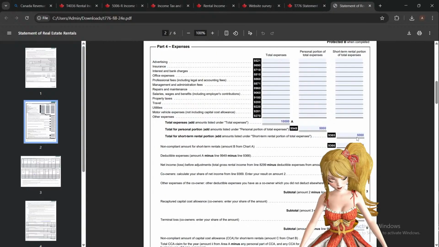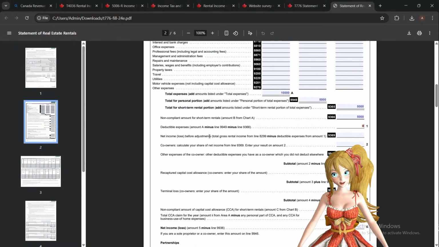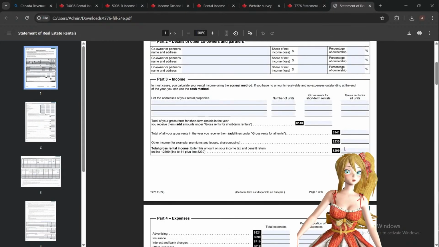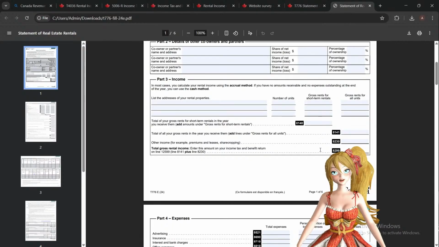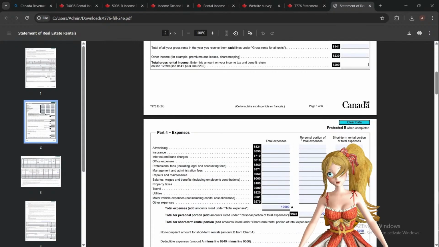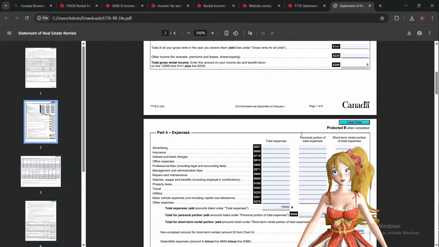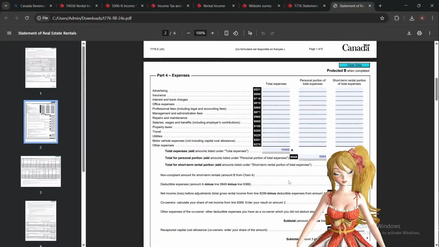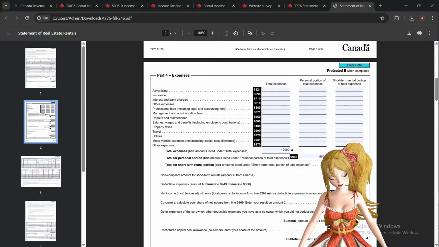Okay, so 0. My net income is the total expenses from line 8299. Where's 8299? Okay, so let's say I earned $0 income. And the deductible is 0. Okay, so it's 0.